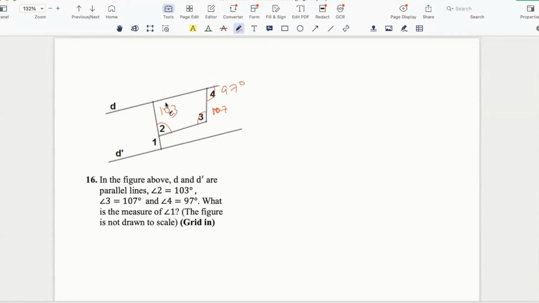So, let's actually find this angle, right? This angle is what? So, if this is 97, then this angle will be 83, right? Because angles on a straight line. So, 103 plus 107 plus 83 plus x is 360. So, 7 and 3, 10.